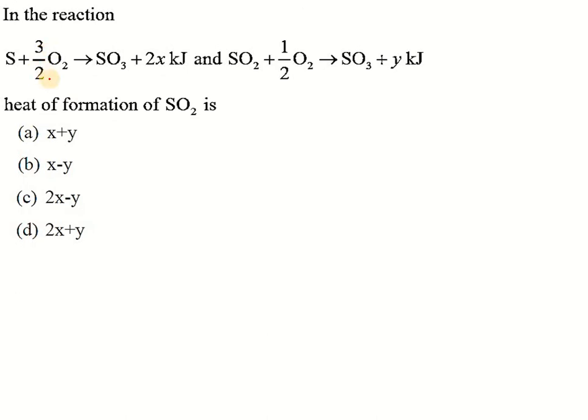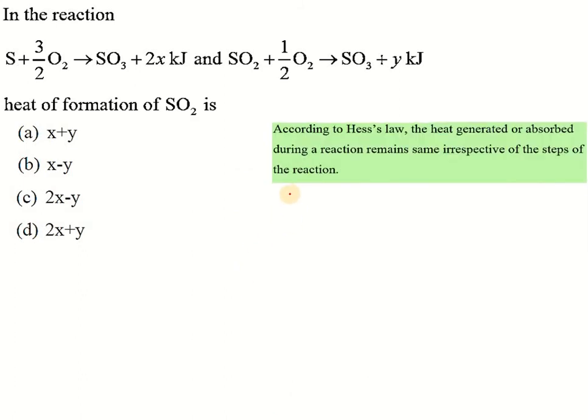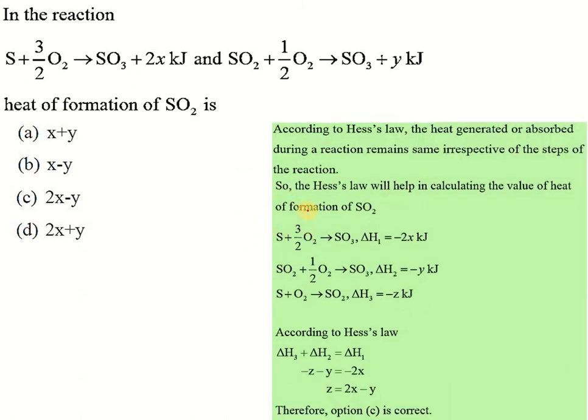In the reaction, S plus 3/2 O2 gives SO3 plus 2X, and SO2 plus half O2 gives SO3 plus Y kilojoules. Heat of formation of SO2 is? According to Hess law, we have to use all these things. In this calculation, the first equation, delta H1, is minus 2X given in the question.